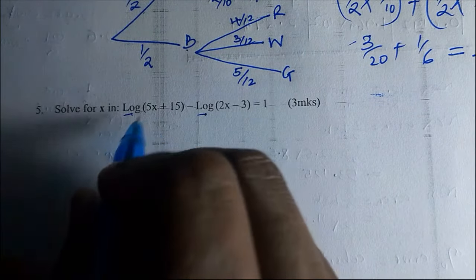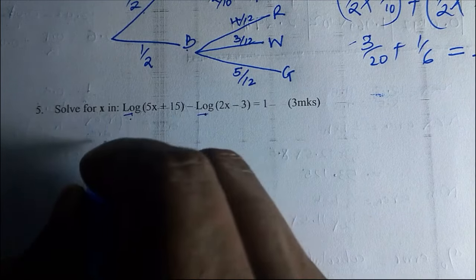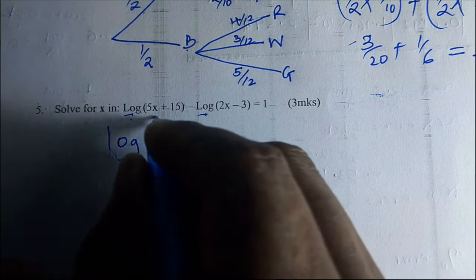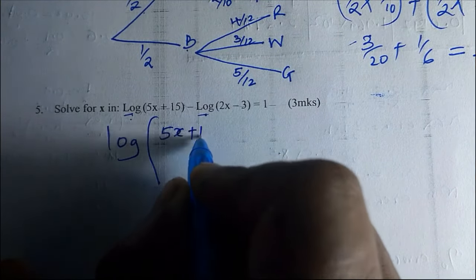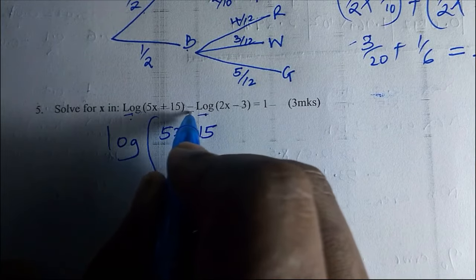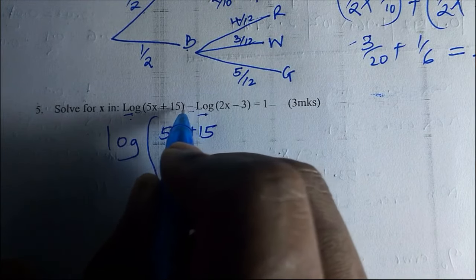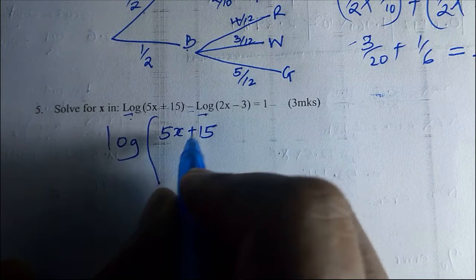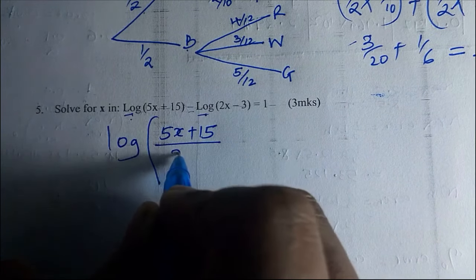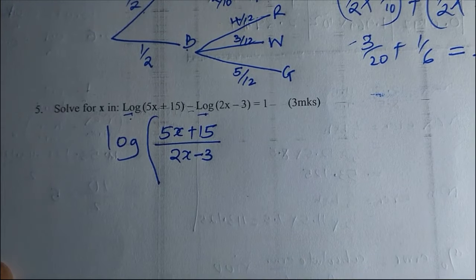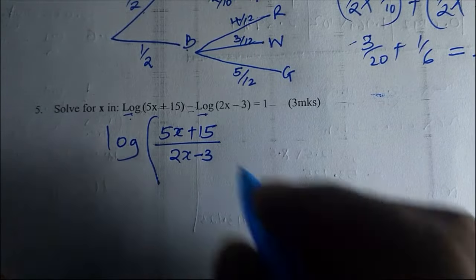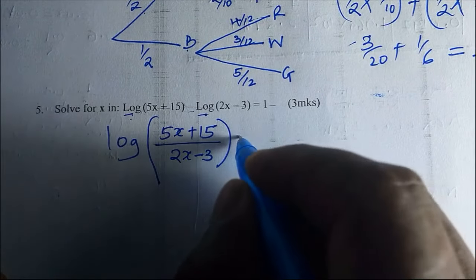So log is common, therefore just put one log here, open the bracket. This is 5x plus 15, but this is minus. Minus in logarithms means division. So divide by the second one, which is 2x minus 3. Then it is equal to 1.